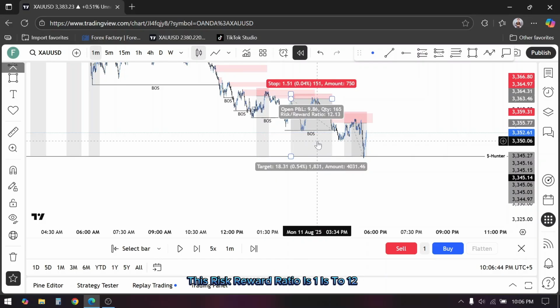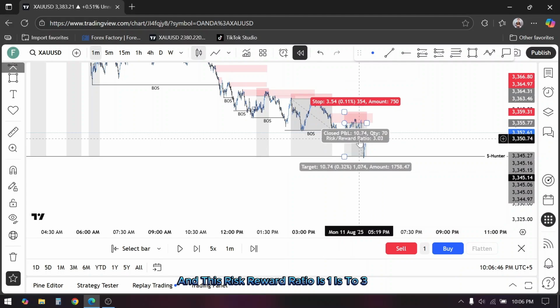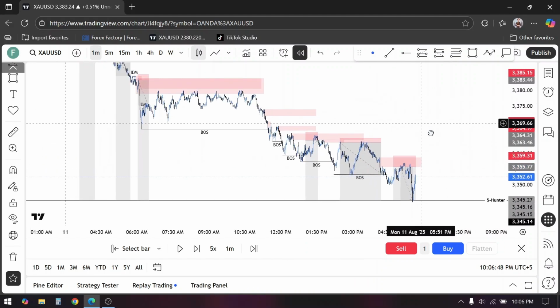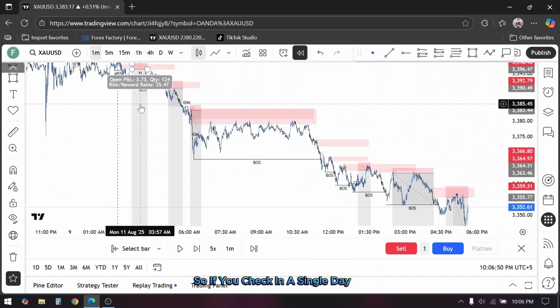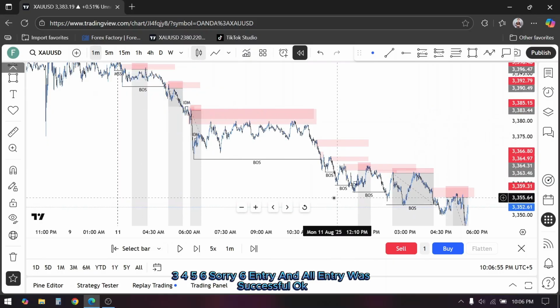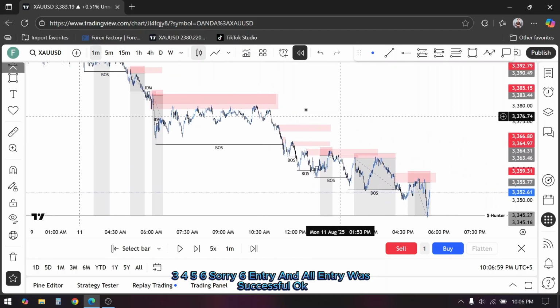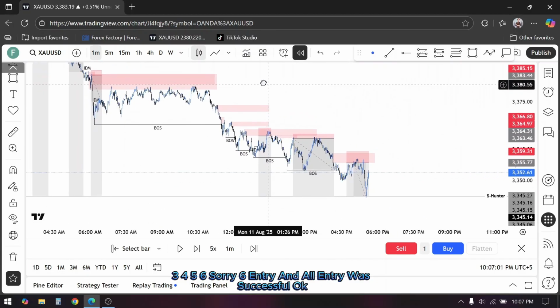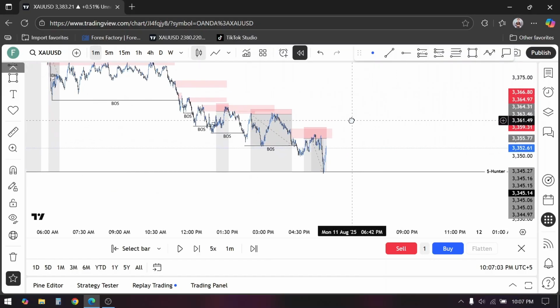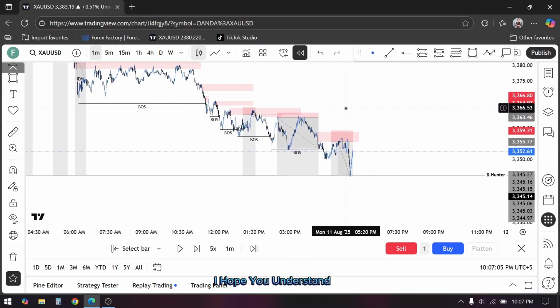This risk reward ratio is 1 is to 12, and this risk reward ratio is 1 is to 3. So if you check in a single day, you find 6 entry, and all entry was successful. Okay, I hope you understand.